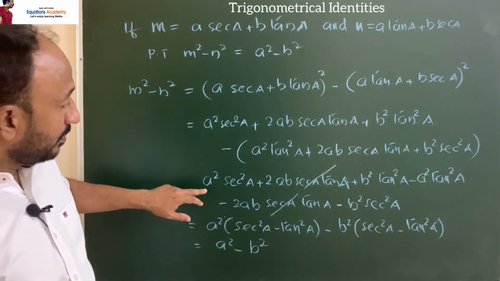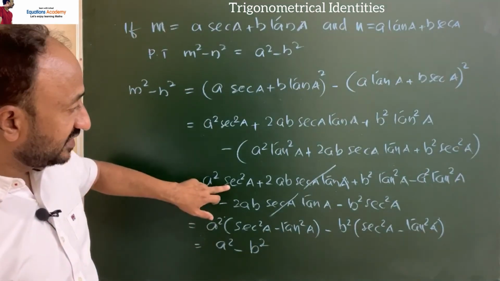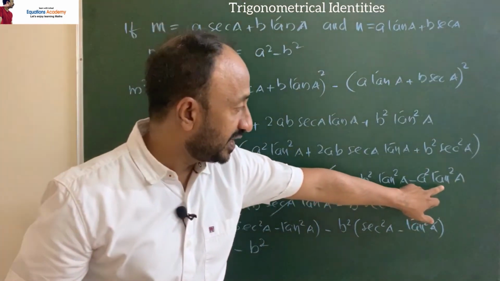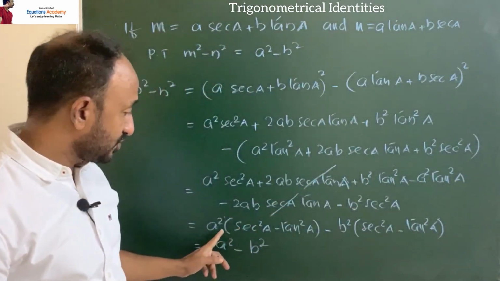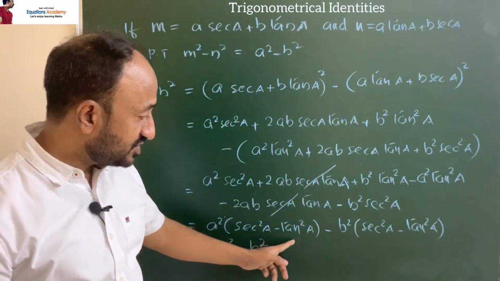Take a square common: a square into sec square A minus tan square A.